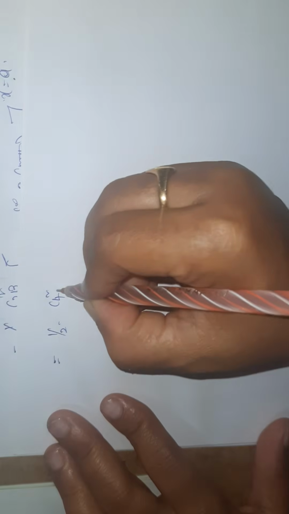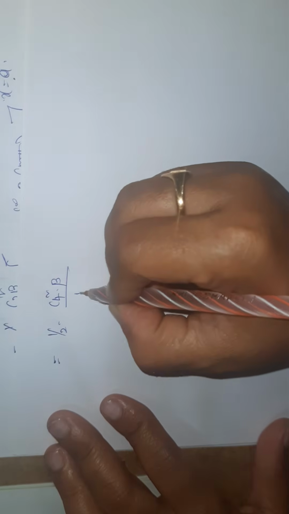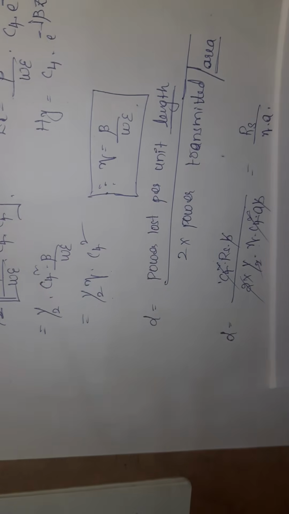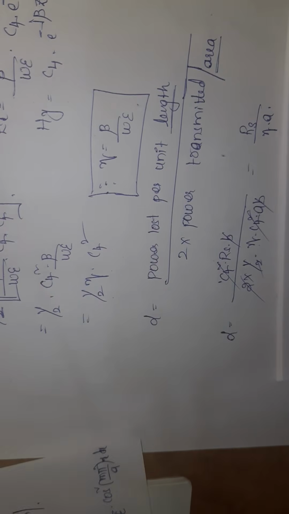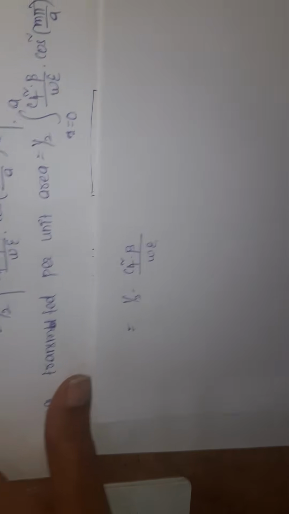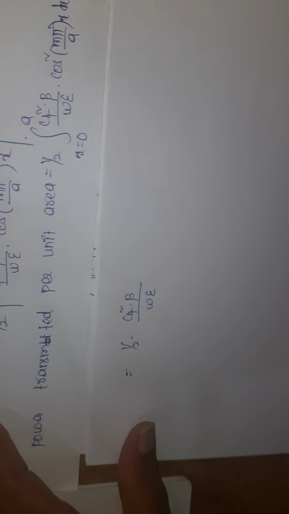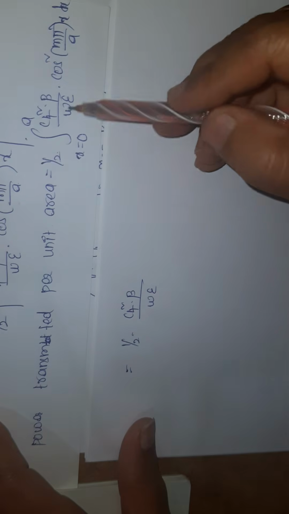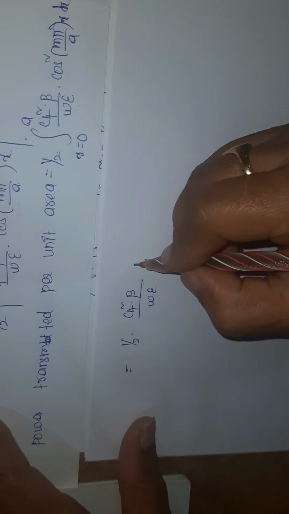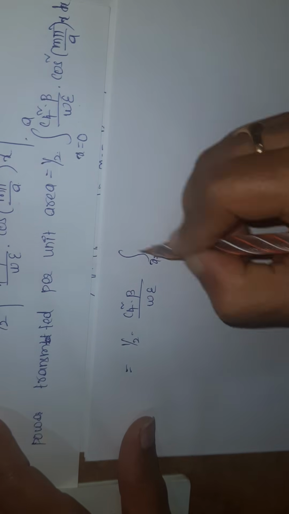Okay, here 1 by 2 C4 square beta by omega epsilon integration x is equal to 0 to a.